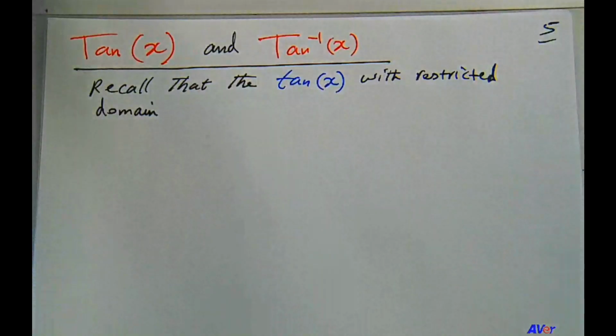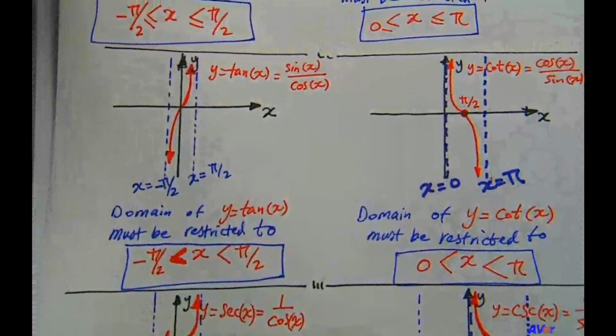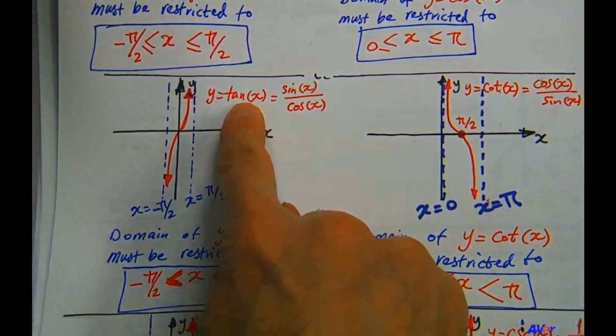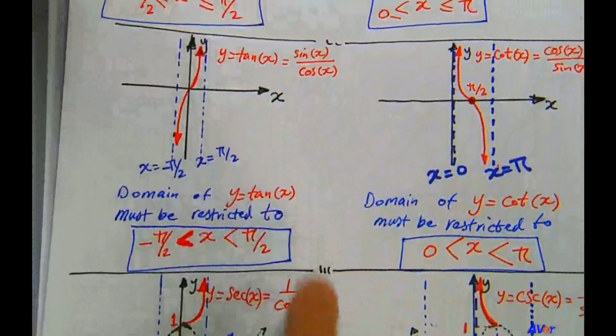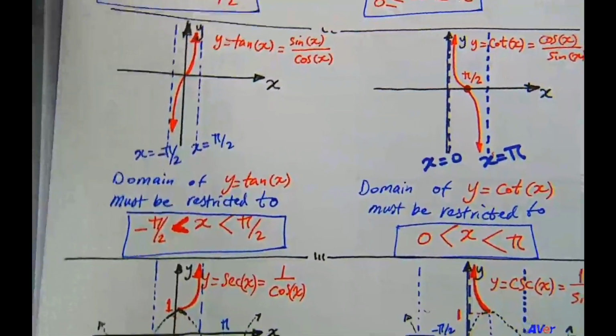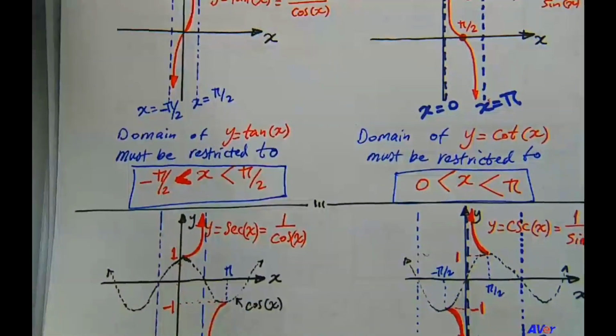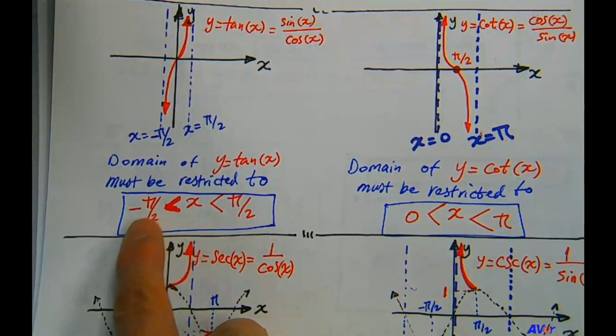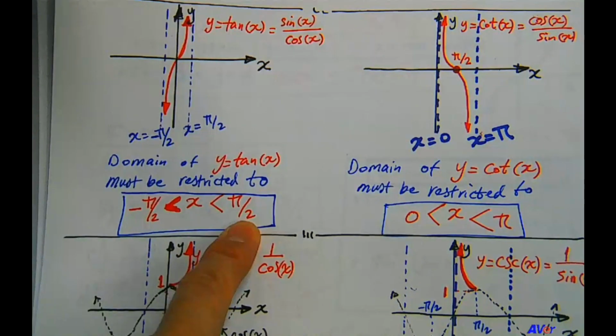This is the slide from our discussion from section 5.5. This is the tangent function. If we wanted it to have an inverse, we had to restrict the domain to go from negative pi over 2 to pi over 2, right?